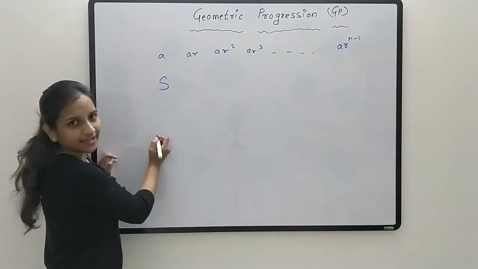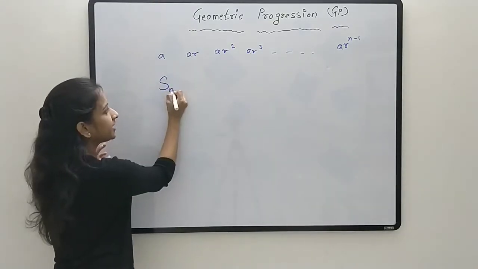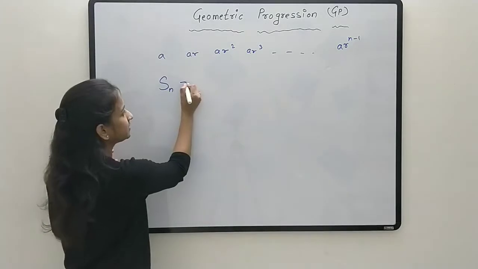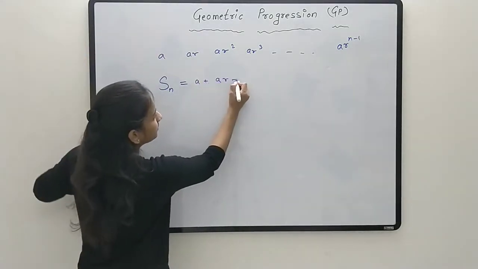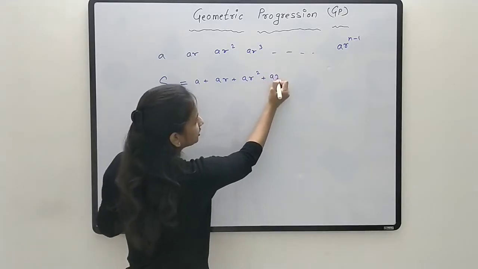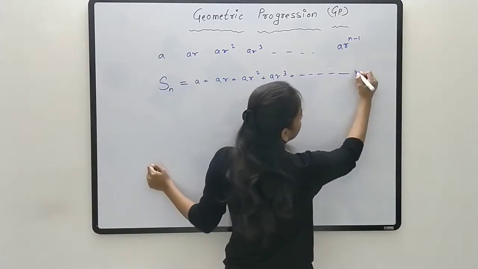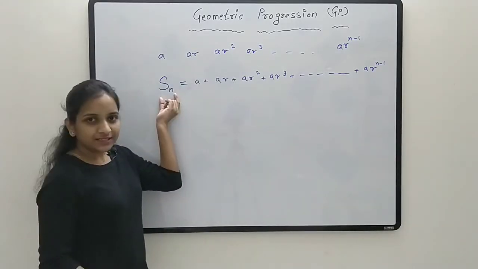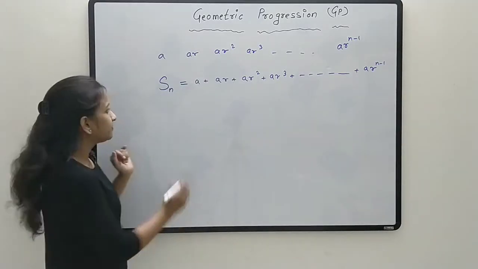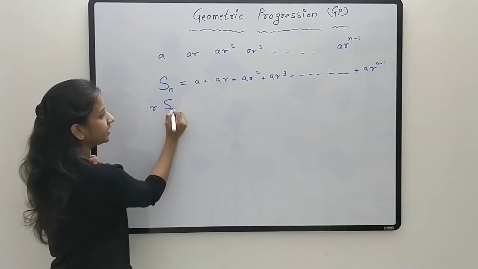Sum is denoted by S and there are n terms, so we are writing Sn, sum of n terms. This is nothing but adding all these terms, right? A plus AR plus AR square plus AR cube till the last term. Now multiply this equation with R. So what will we get? R into Sn.